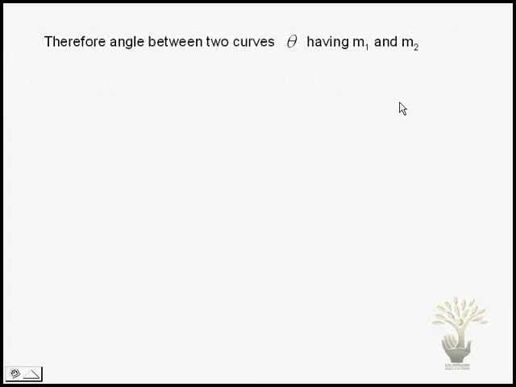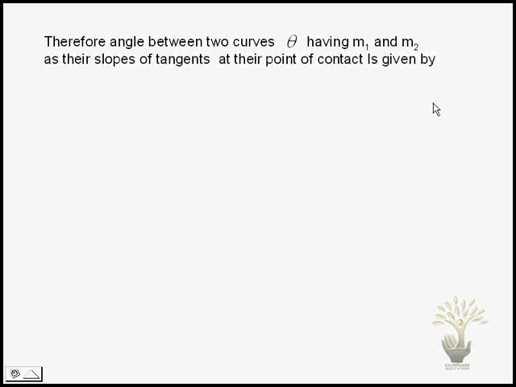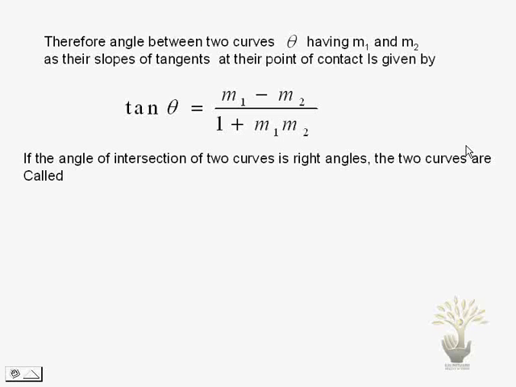Therefore the angle between two curves theta, having M1 and M2 as their slopes of tangents at their point of contact, is given by the formula tan theta is equal to M1 minus M2 by 1 plus M1 M2.